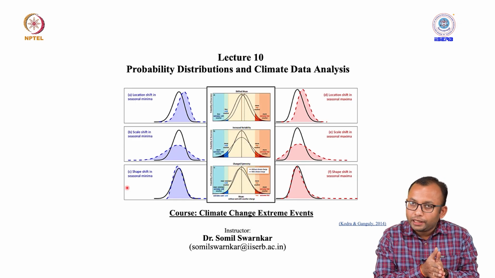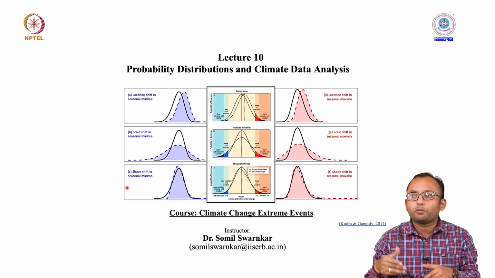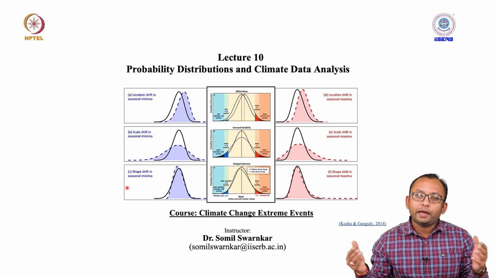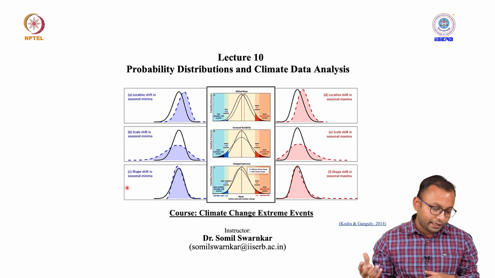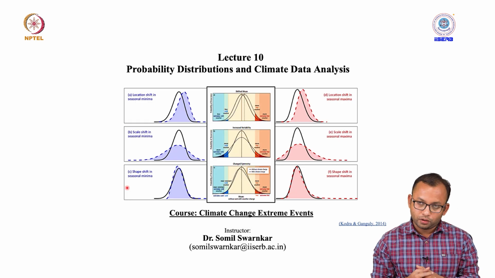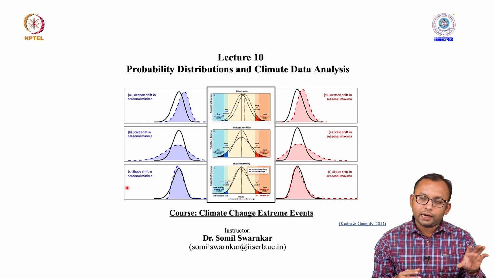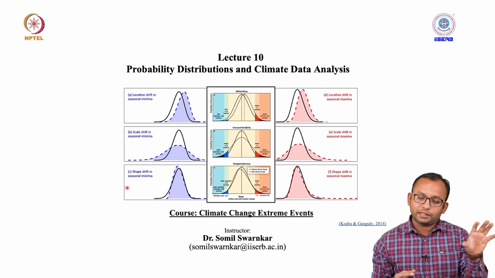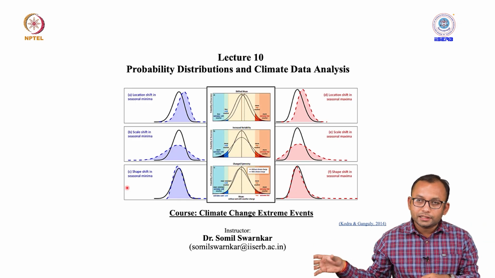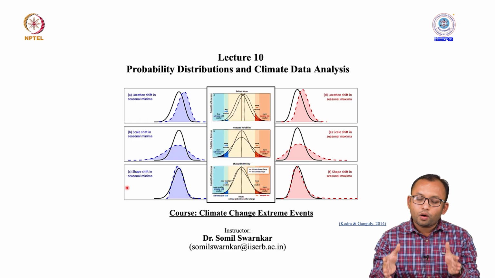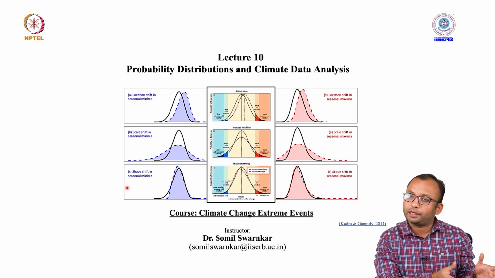It could be daily, sub daily, monthly, or annual scale as well, depending upon the application area or what you are interested to work on. Therefore, you select that type of time series data set, and you try to understand whether any change in the time series data or in the behavior of climatological properties has been observed in the past record or not.